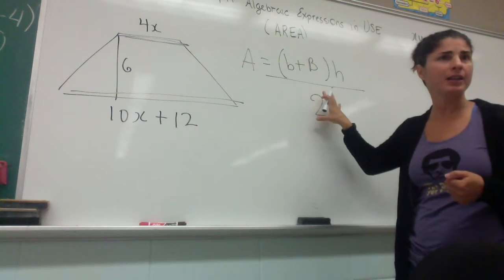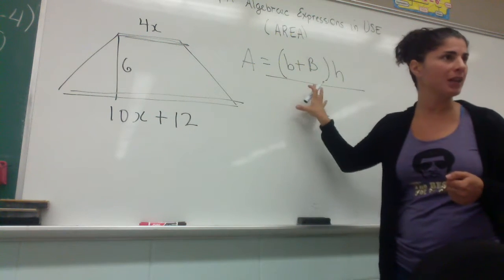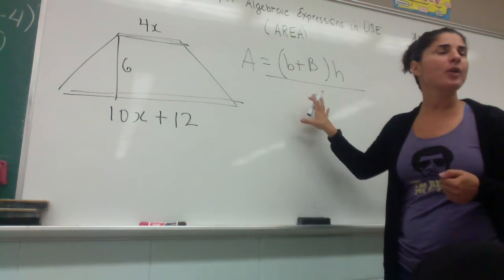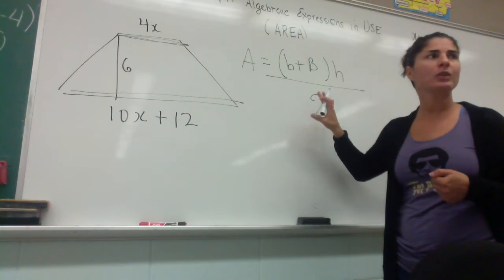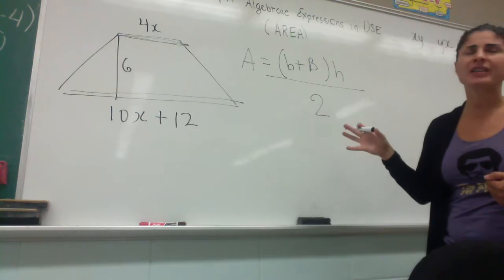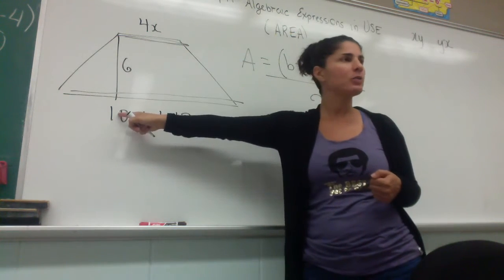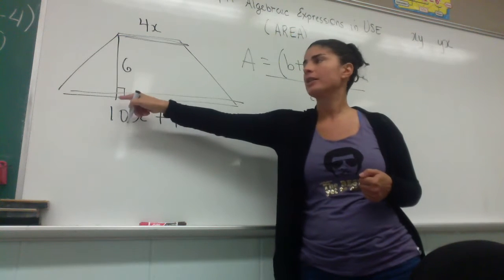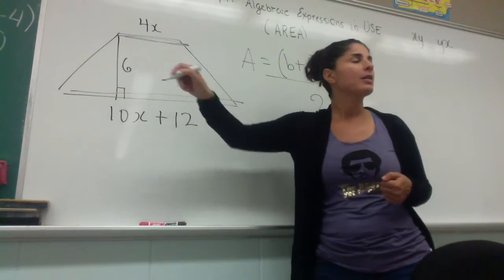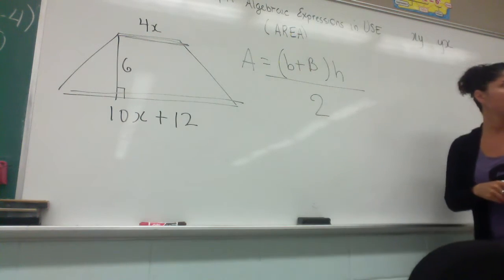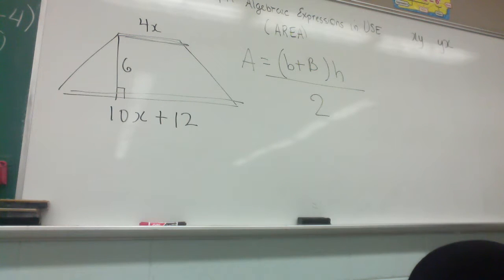So already, if you remember this formula, you're already ahead of the game. If you don't, you need to remember that it's very easy. It's just adding the two of these, timesing it by the height, which is usually the line that's perpendicular to those parallel lines, and then divide it by 2. Don't forget to divide by 2.